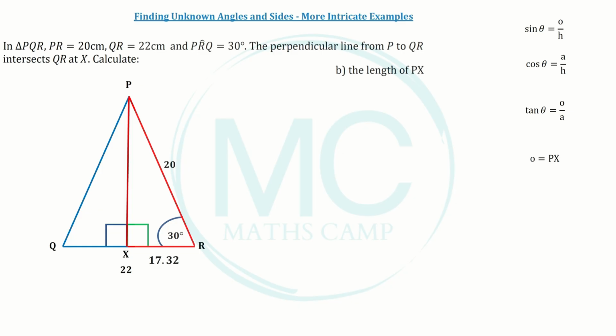Now we can use the adjacent side, XR, which is 17,32 centimeters, or we can use the hypotenuse PR, which is 20 centimeters. You can use either, but it is easier to use a simpler number. So we are going to use the hypotenuse, which is 20 centimeters, and we can make a note of this over here.